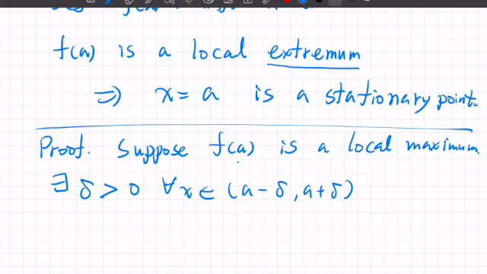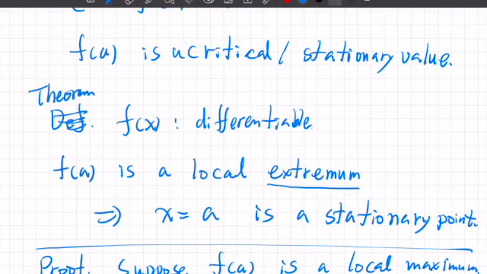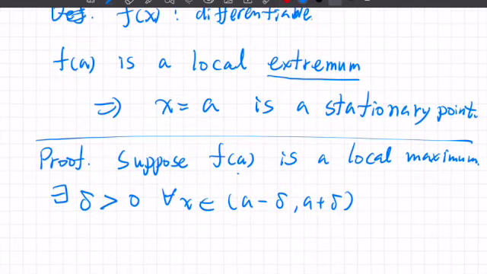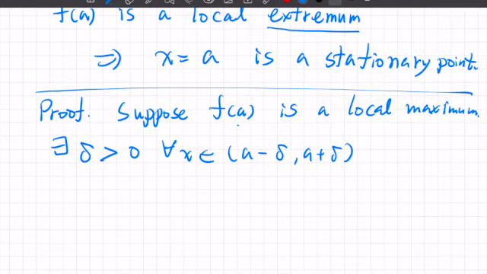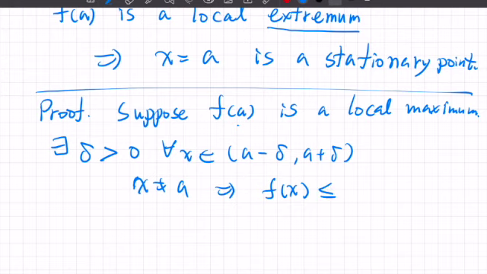In this case, we are not assuming any interval as the domain of definition. So just ignore that, and then for all x, x not equal to a implies f of x less than f of a.